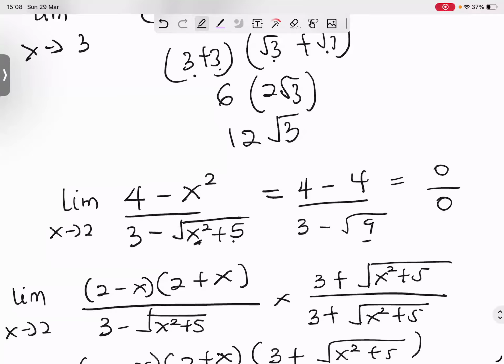I've already answered this one, and that is for academic purposes. You can just jump ahead and start rationalization. No, you have to show why you are doing the rationalization. You are doing the rationalization because you saw that the answer is giving you 0 over 0. You need to show that first.